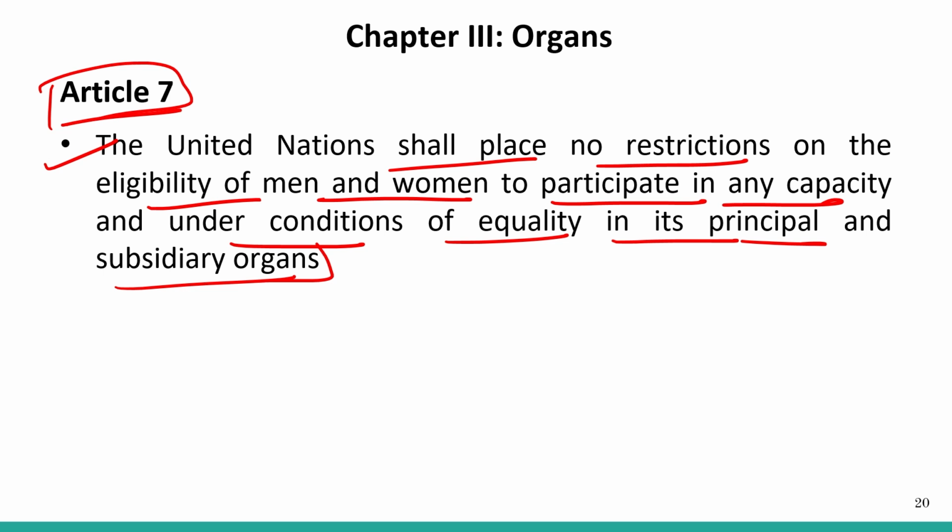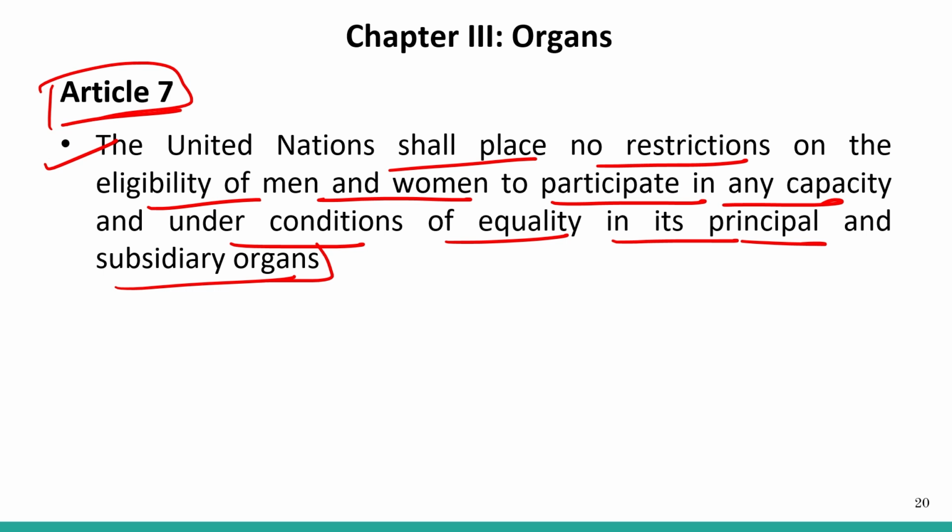So as you know, when you talk about the General Assembly, and obviously we're going to discuss the General Assembly after the organs of the United Nations are completed, then when you talk about the eligibility criteria of the members who are going to represent their specific nations under the United Nations, it is not specified whether only men should be allowed or whether women should be allowed. But by virtue of Article 7, it has been clearly mentioned that there shall be no restriction.